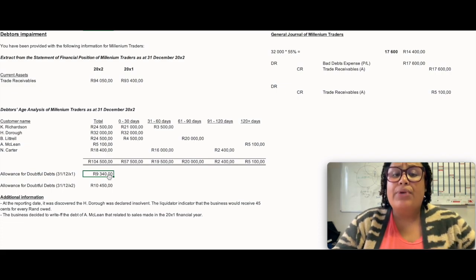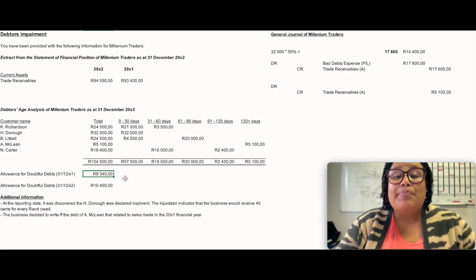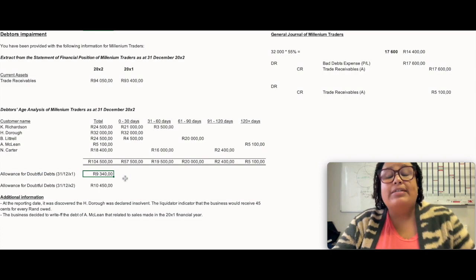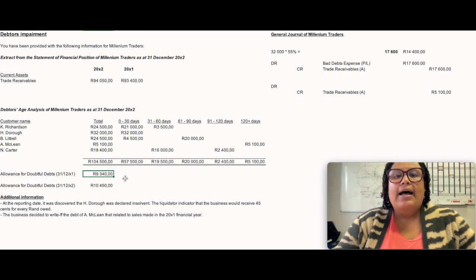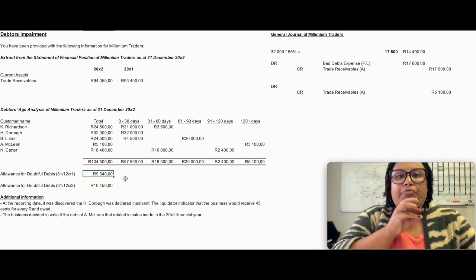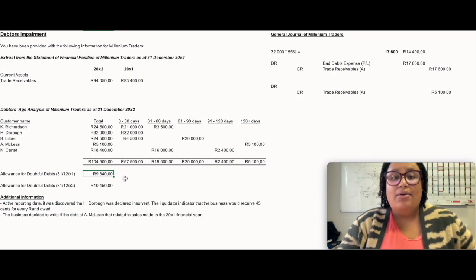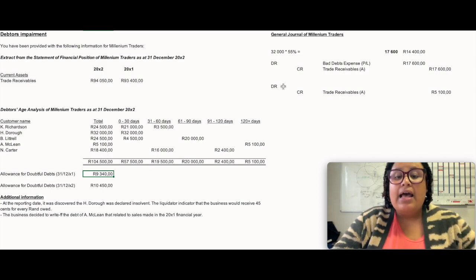The reason why we raised that allowance was to provide for the fact that in the future we expect some of our debtors may not pay us, so we recognize this allowance, which decreases our trade receivables on the face of the financial statements, so that our assets are at an amount that we expect to be recoverable.